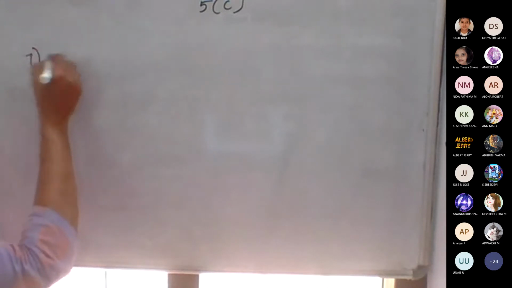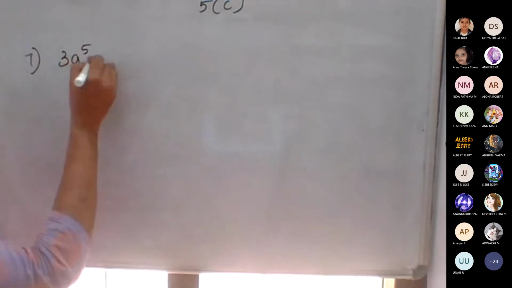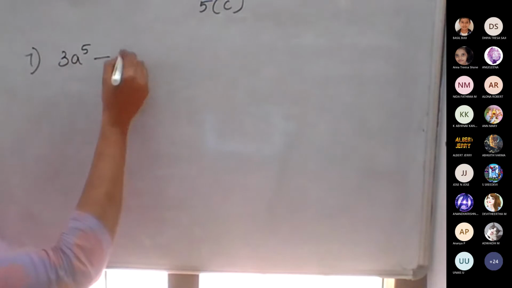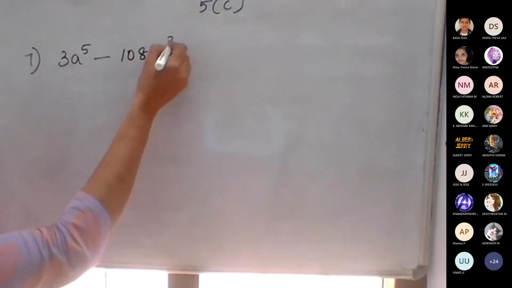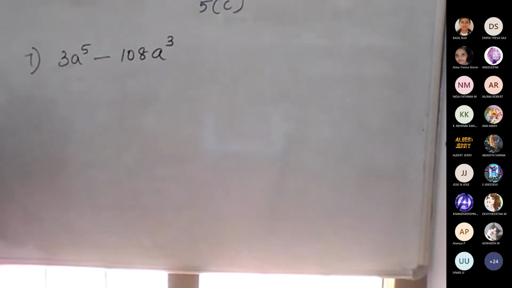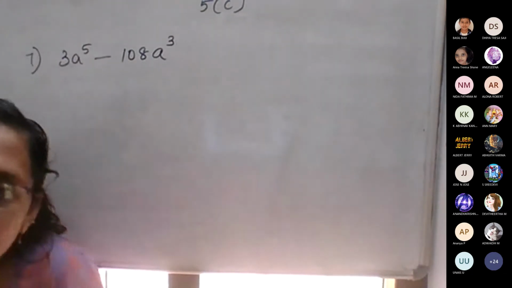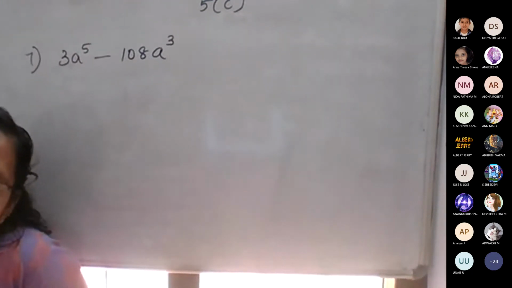The 7th one: 3a raised to 5 minus 108a cube. What I told you, what you don't want you take outside, so a cube common.